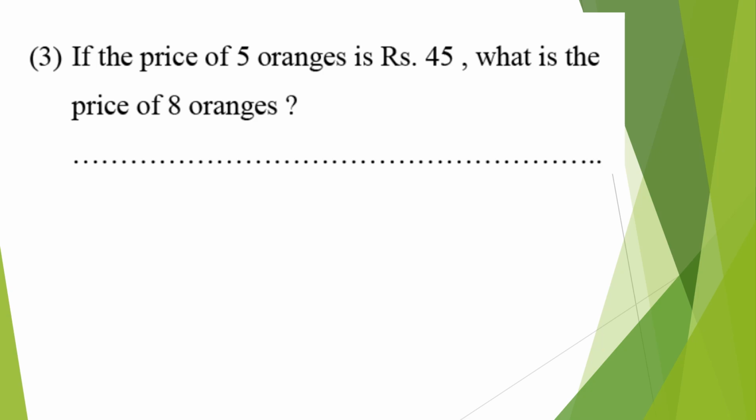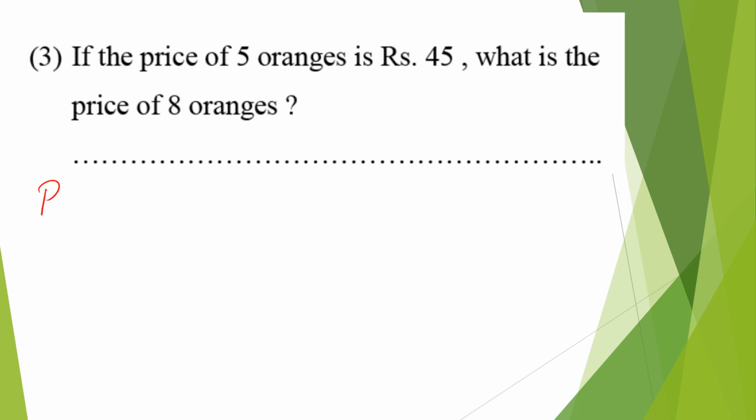If the price of 5 oranges is 45 rupees, what is the price of 8 oranges? So first you have to find the price of 1 orange, and then you can multiply it by 8, and then you can find the price of 8 oranges. So let's do it this way.